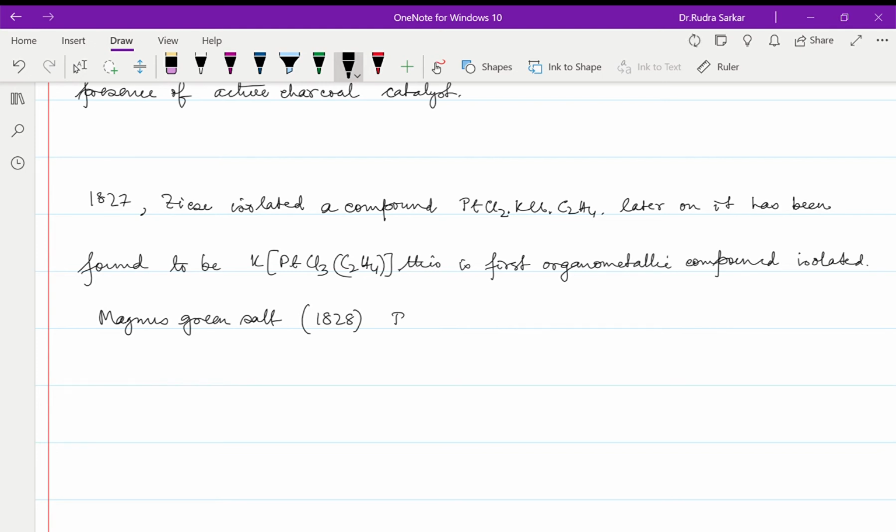It was initially written like PtCl2.2NH3, but later on, after Werner gave his theory, it was formulated as [Pt(NH3)4][PtCl4]. So we'll be discussing all this in detail later on.